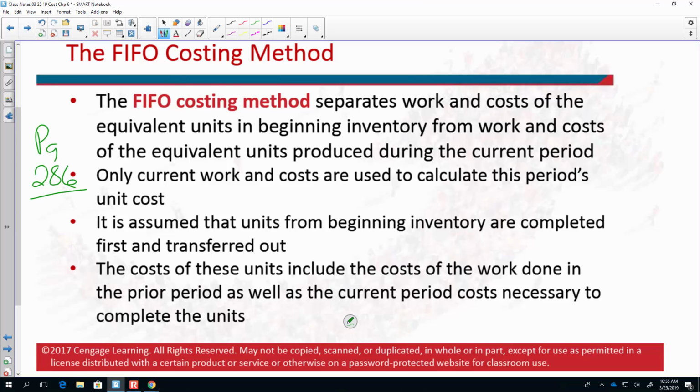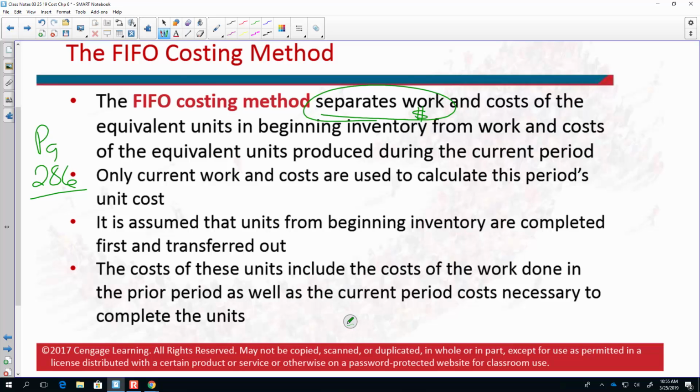FIFO means first in, first out, but the big difference is it separates our work and cost beginning from the current. So basically it adds a little more complexity to our computation.